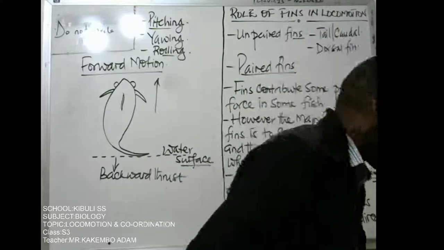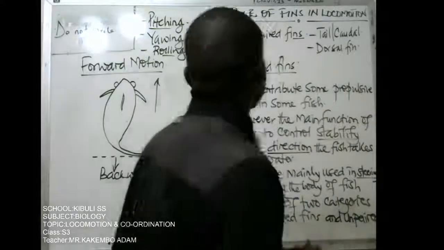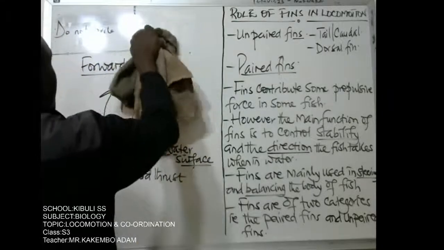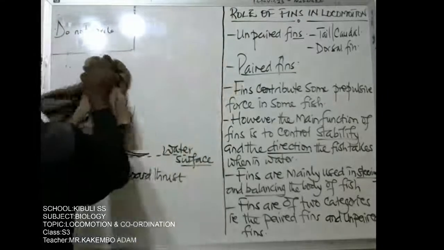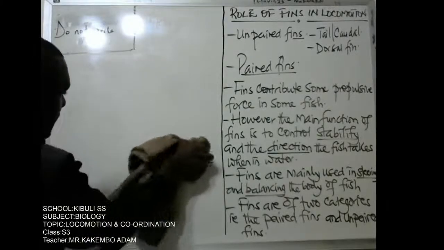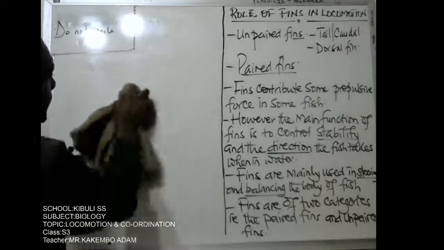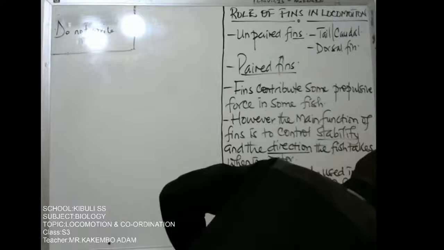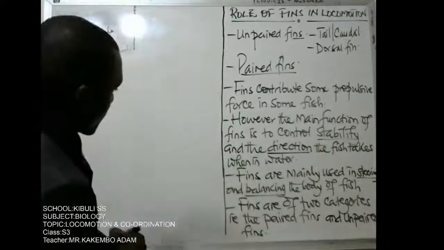The paired fins include the pectoral fins. If you look at the body of the fish, you have had that drawing for a number of years. It's very familiar, you can easily locate the position of the pectoral fins.